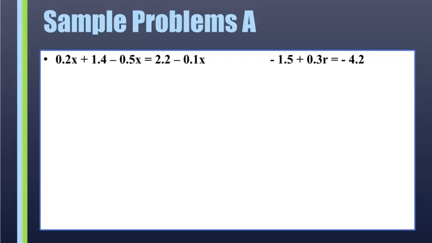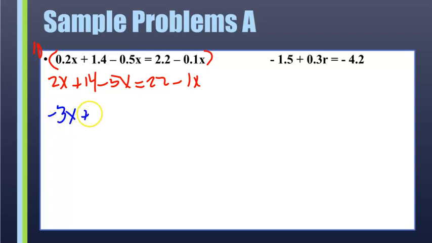Next, we have decimals. To get rid of the decimals, we see there's only one decimal place, so multiply everything by 10. That gives us 2x plus 14 minus 5x equals 22 minus 1x. Combine like terms on each side, so 2x minus 5x is negative 3x, so negative 3x plus 14 is going to equal 22 minus x.